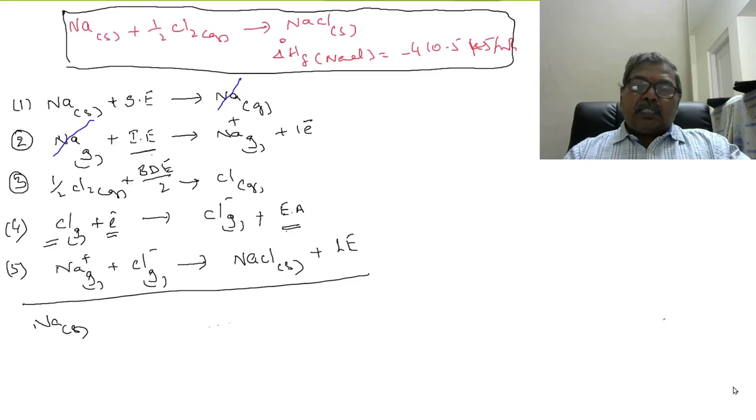Next, gaseous Na plus, Na plus gets cancelled. Chlorine atoms get cancelled. Cl minus gets cancelled. So what remains? Na solid plus half Cl2 gives rise to NaCl solid, right?